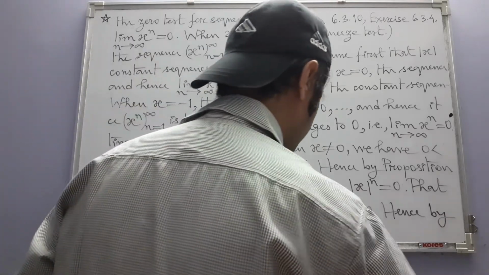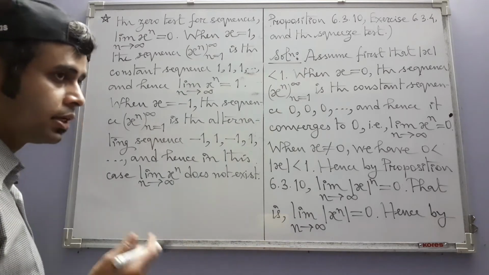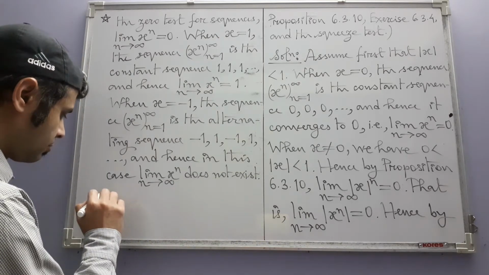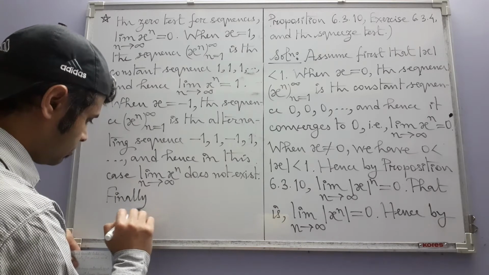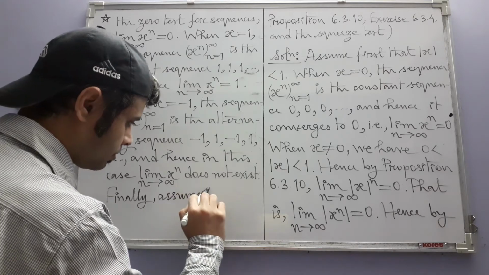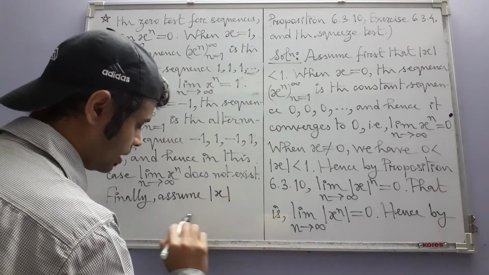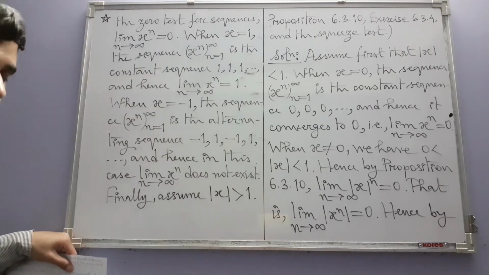Okay, now we come to the only remaining case where the absolute value is strictly greater than 1. Finally, assume that the absolute value of x is strictly greater than 1.